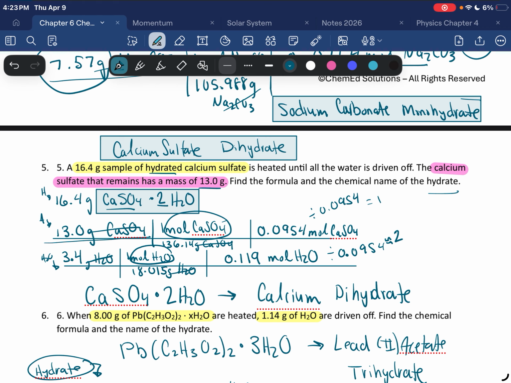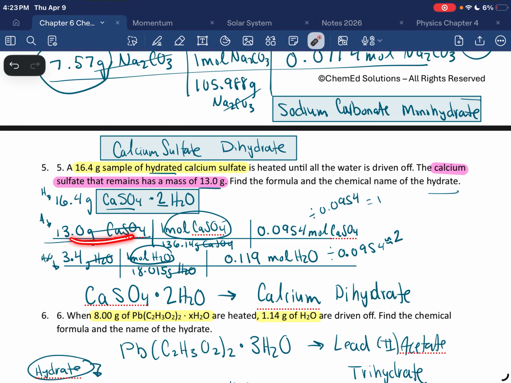So we're going to take the 13.0 grams of calcium sulfate that they gave us and convert to moles of calcium sulfate. And you found 3.4 grams of water by subtracting those two, and convert to moles of H2O, and you find it's a 1-to-2 ratio. So you say calcium sulfate dihydrate.